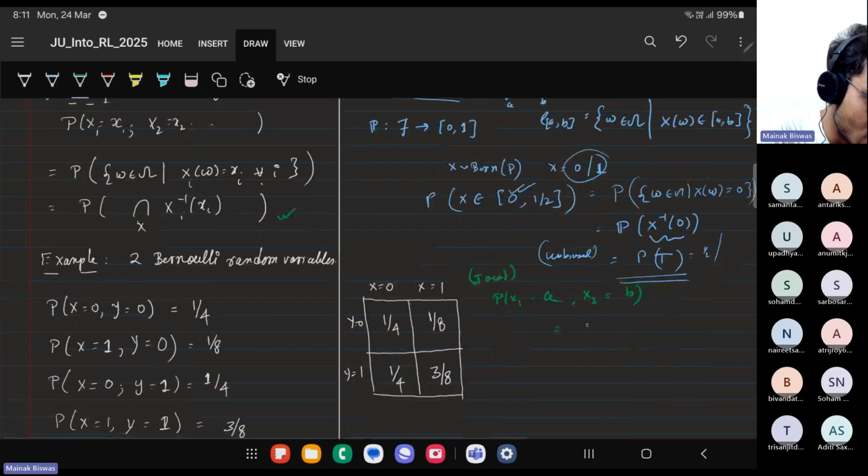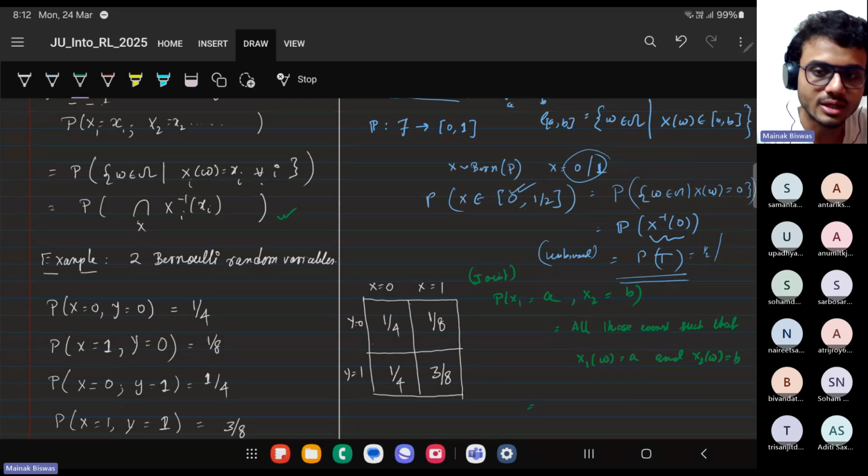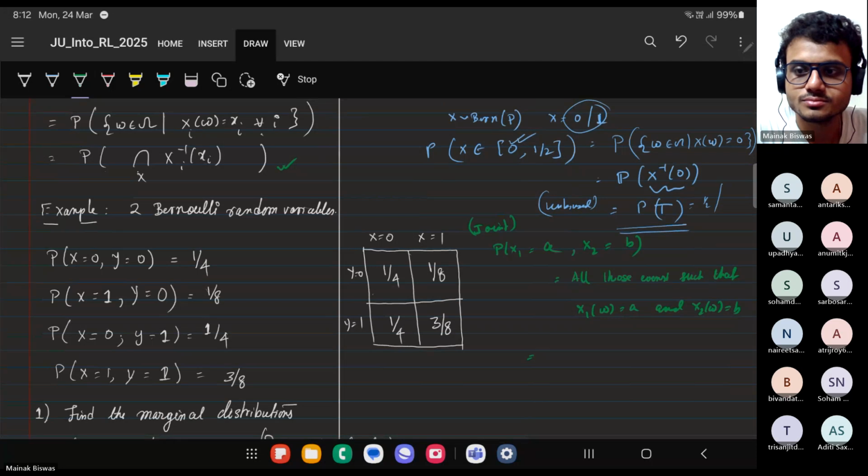This means all those events such that x1 of omega is equal to a and x2 of omega equal to b. So in set theory notation, how can I write this? Can anyone tell me?